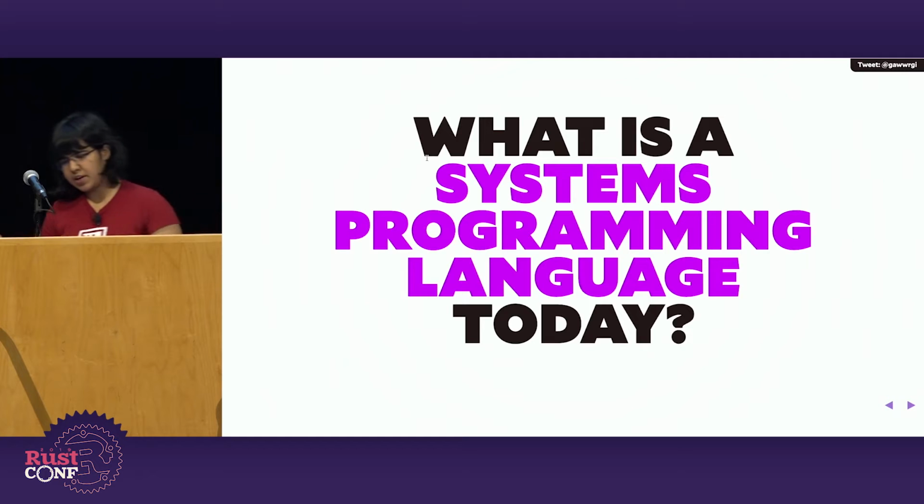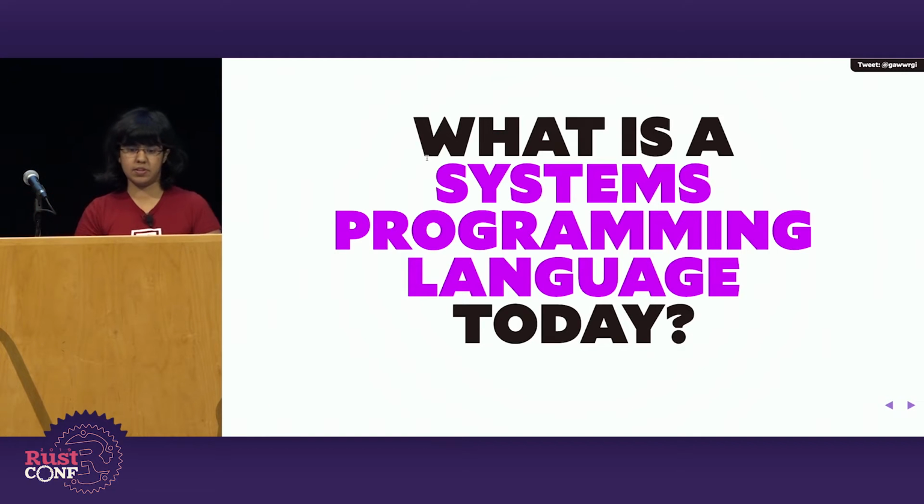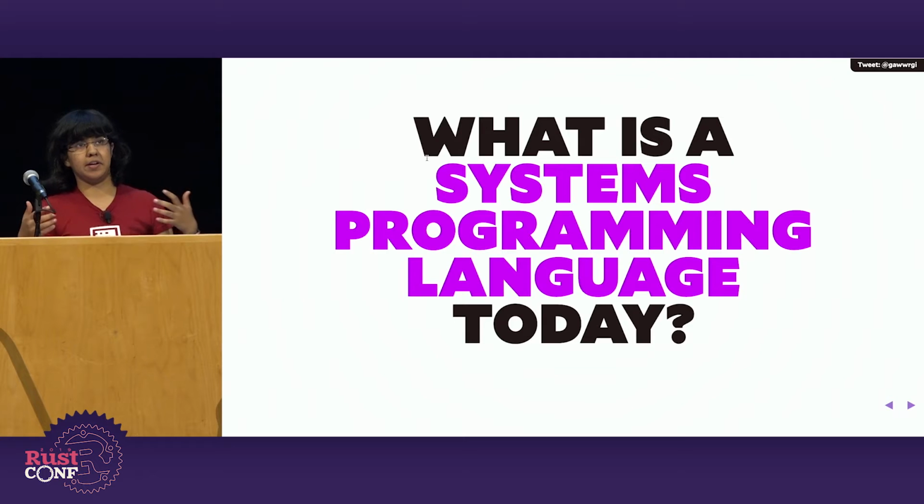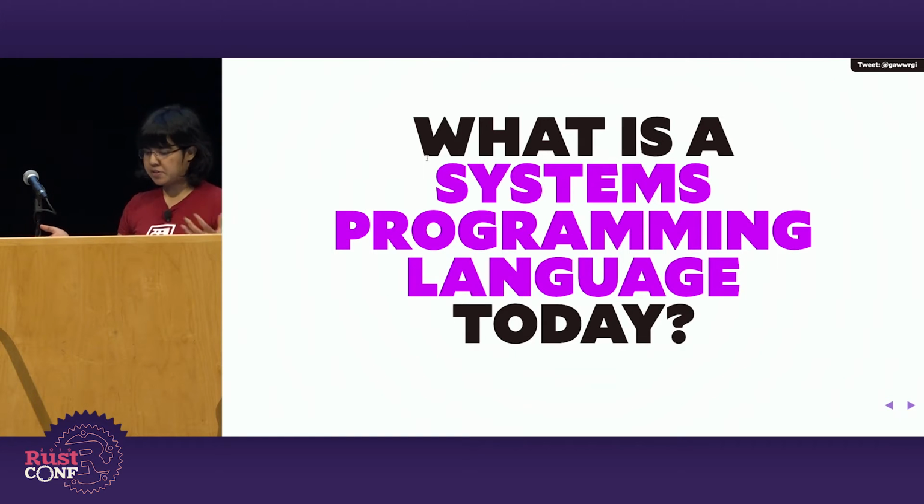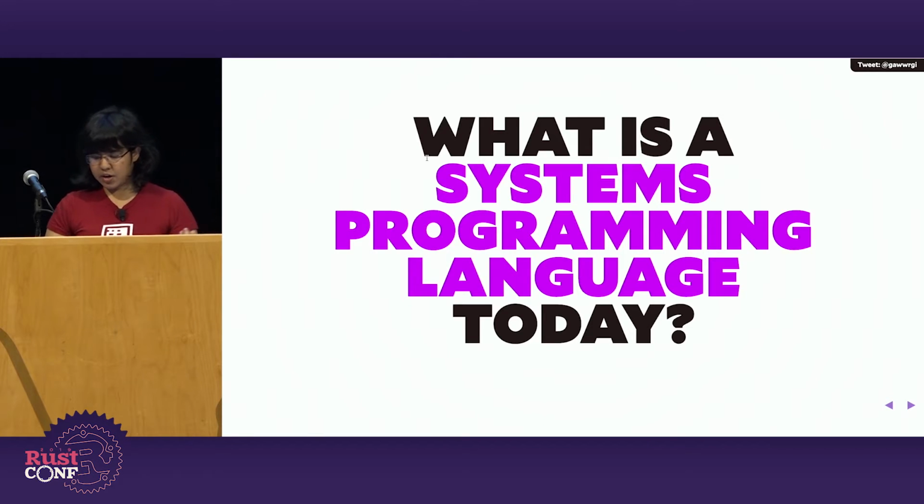So all of this leads us to what does it mean to be a systems programming language today? Languages in the category of C and C++ and Rust and D are distinguished in terms of the level of abstraction they provide you from the machine.